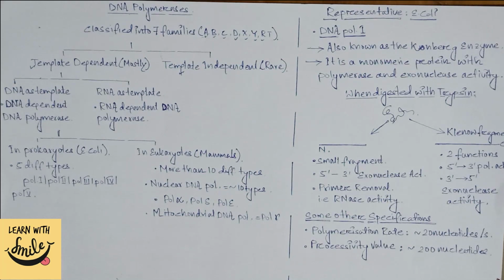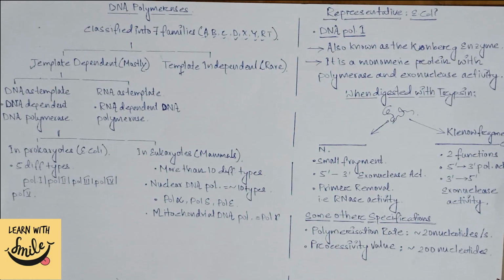Though in this video we will be very specific and stick our discussion to the DNA replication process that occurs in prokaryotes, especially in eubacteria, where we have taken a representative, E. coli, which will help us understand the replication process in prokaryotes.